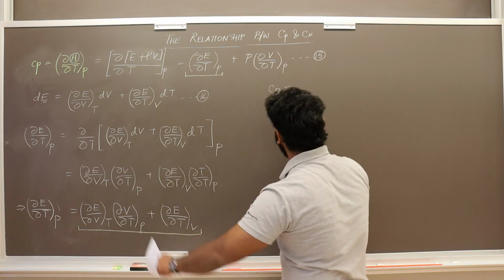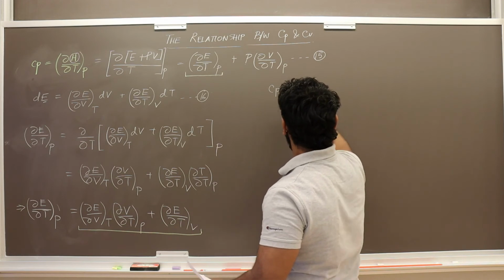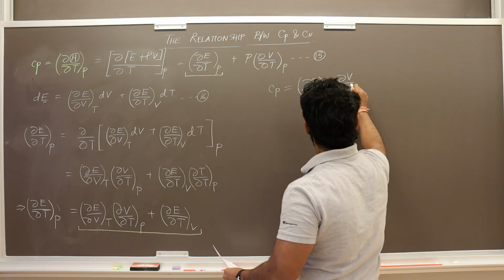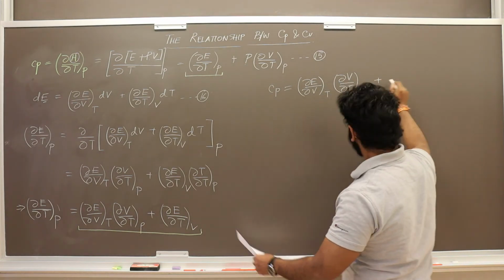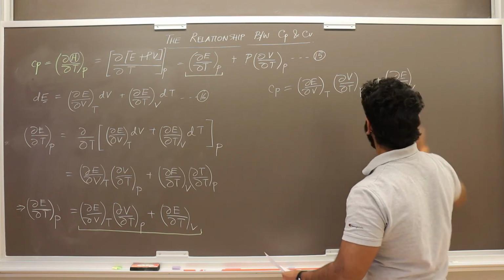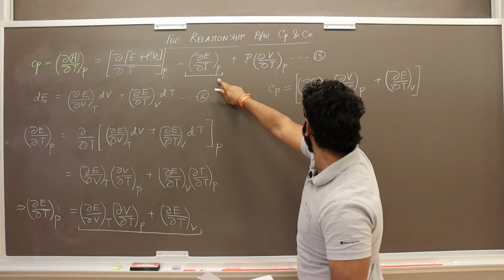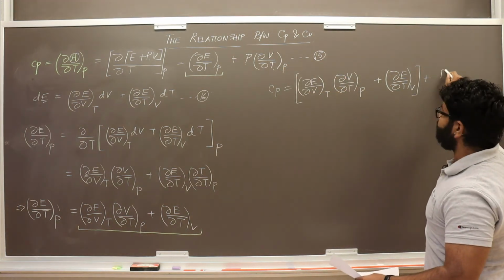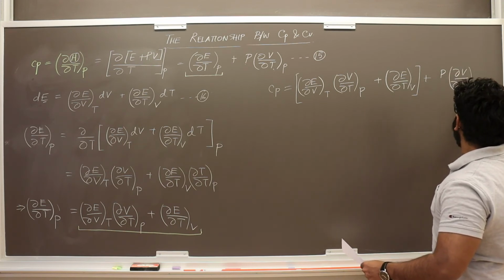So I'm just copying this whole equation: del E del V at constant T, del V del T at constant P, plus del E del T at constant V. This is the equation for del E del T at constant P, plus what remains here, plus P del V del T at constant pressure.